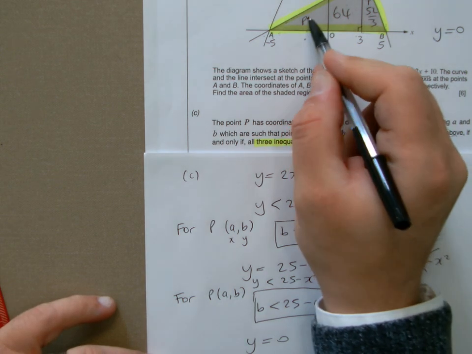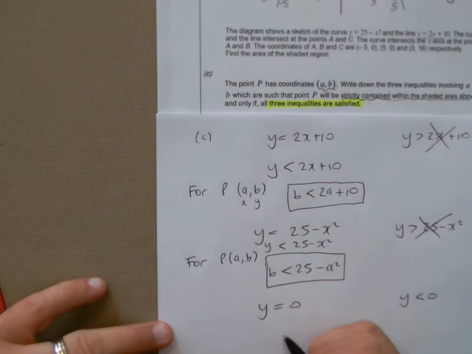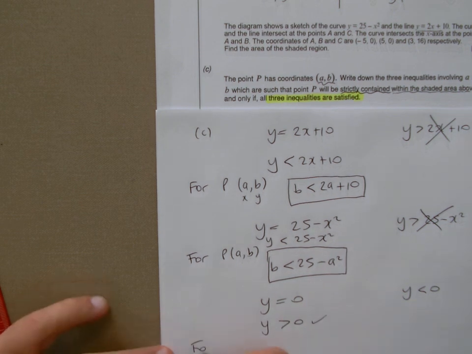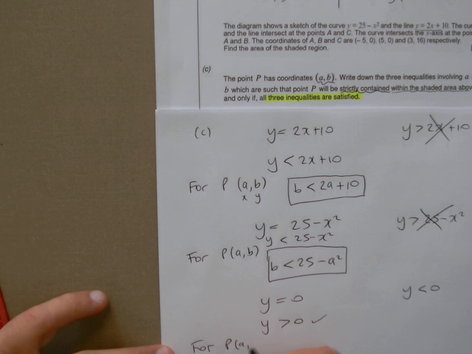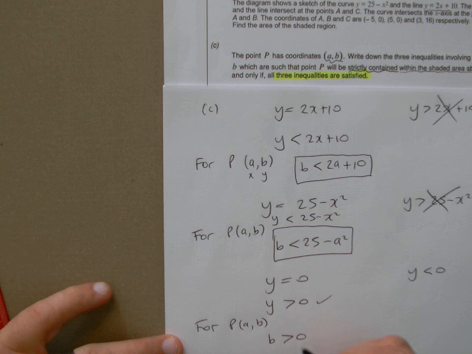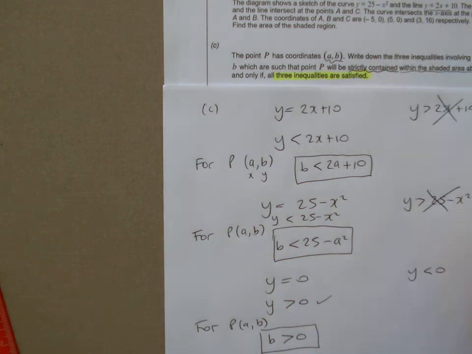So we've got to be above 0, haven't we? So in this case, we want y to be greater than 0. That's what will satisfy this. So for our point P (a, b), we need b to be greater than 0. So those are the three inequalities that it must satisfy for our point to lie in that shaded region.